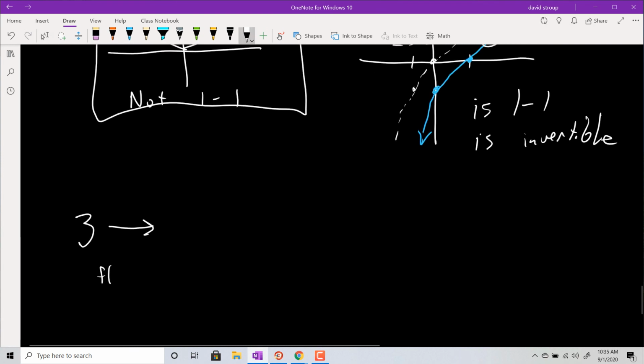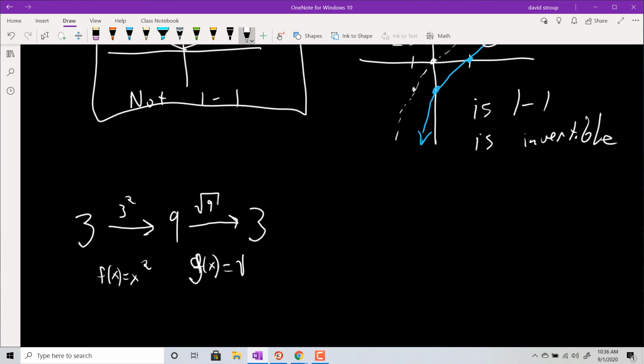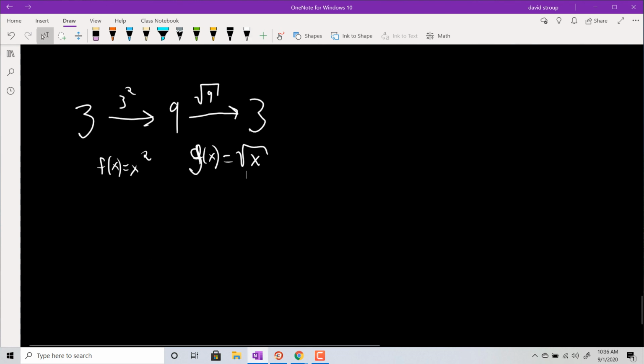So my first function, f of x equals x squared, and I get 3 squared, which is 9, right? To undo it, what do I have to do? Well, you take the square root, right? So the square root of 9 is 3. So g of x, our inverse, we think it's our inverse, is the square root of x. It doesn't quite work, though, because the function is not one-to-one. So where does it kind of fail? It fails on negative numbers. So I have negative 4, and then I square that.